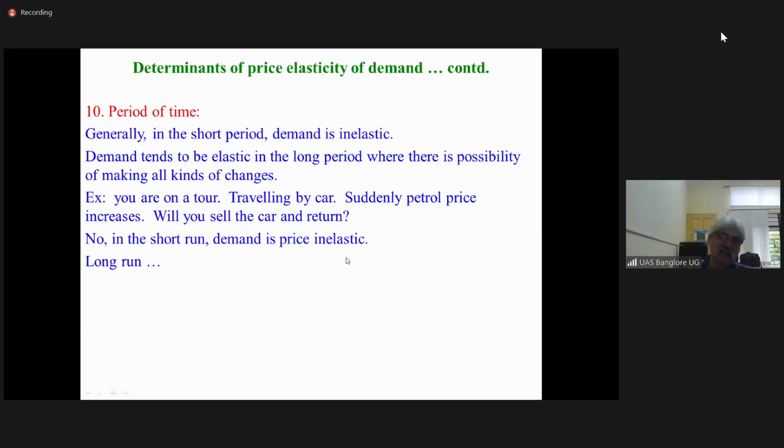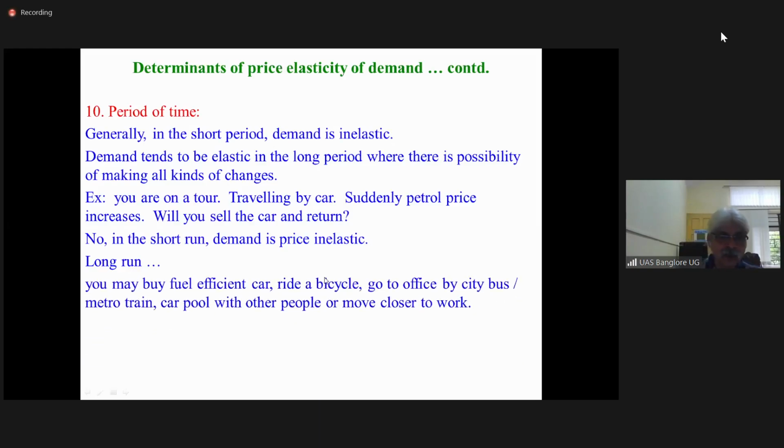Suppose the price goes up from 80 rupees to 100 rupees, 120 rupees. What are the changes that you can make? You may buy a fuel efficient car. You go for a car which gives you 30 kilometers per liter rather than 20 kilometers per liter.